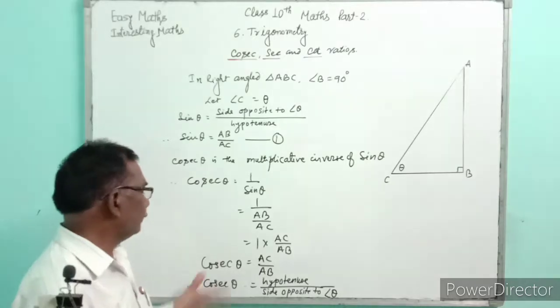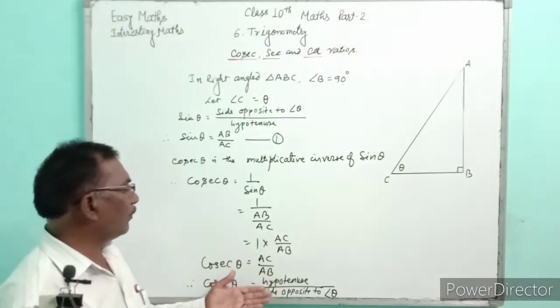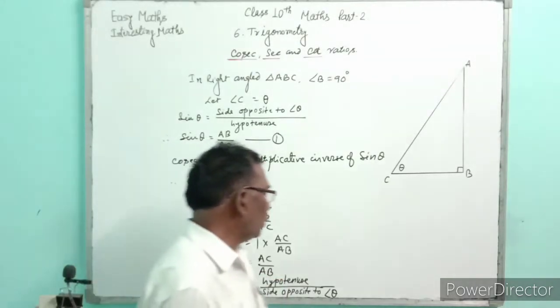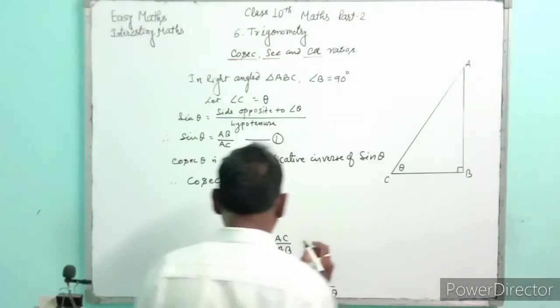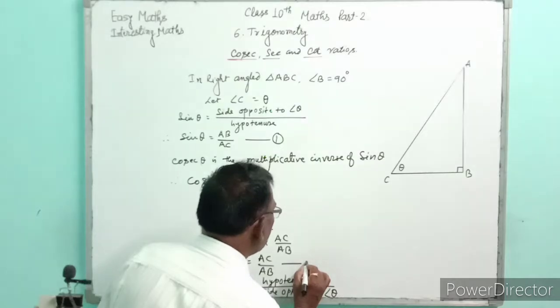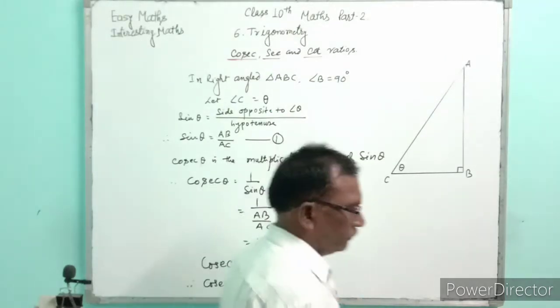According to the formula, cosec theta is equal to hypotenuse upon side opposite to angle theta. Now we will give number 2 to this equation.